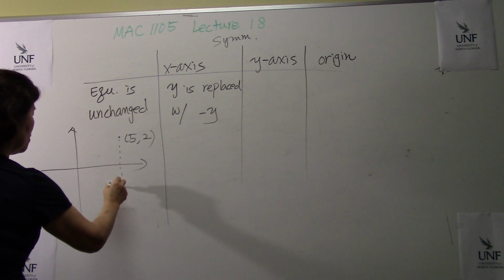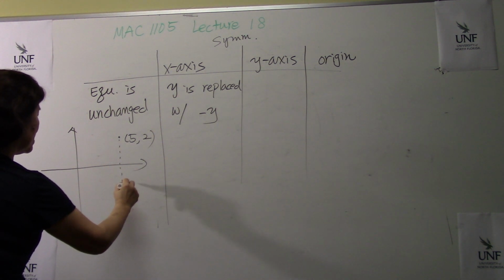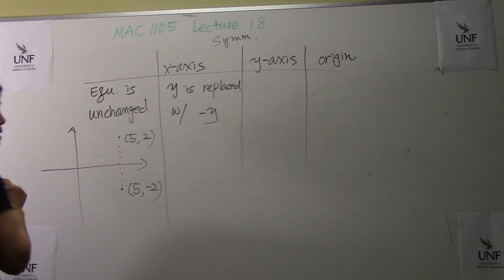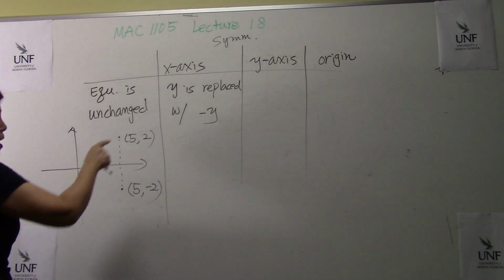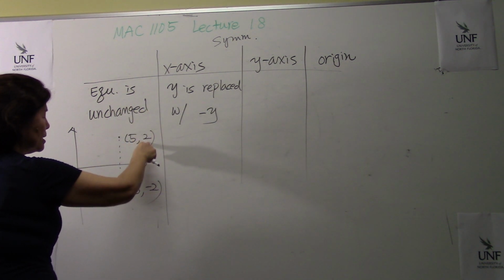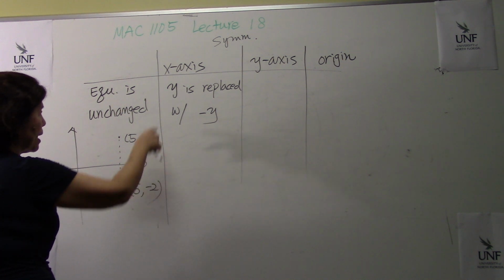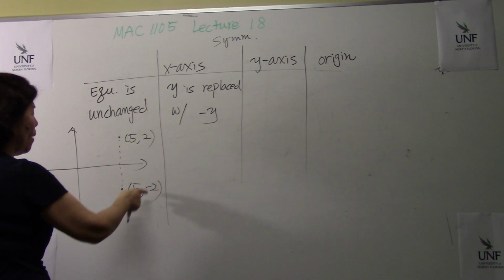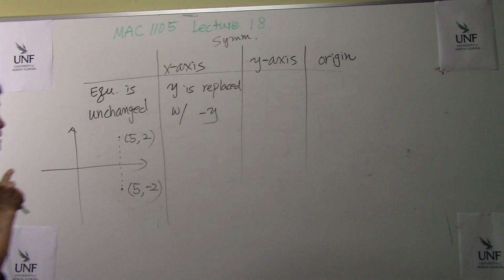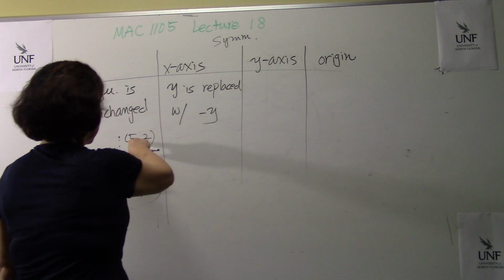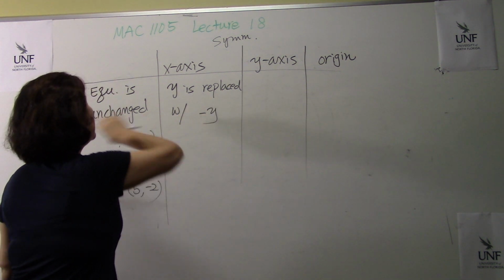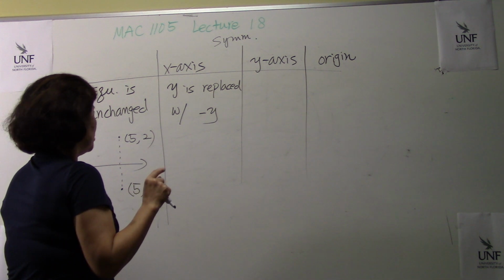Symmetry about the x-axis means this point will go to what? 5, negative 2, isn't it? So the equation is unchanged if y is switched to negative y. Okay? x is the same, so we can say that when y is replaced with negative y, the equation is unchanged.